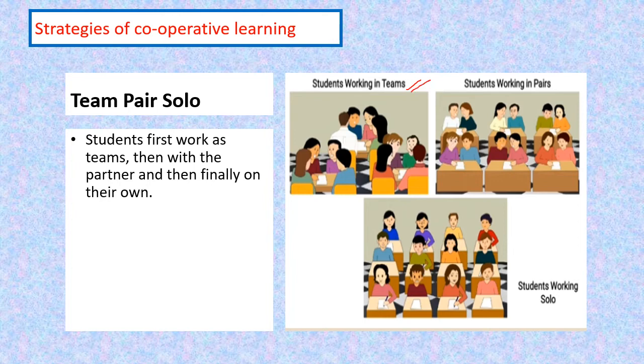This gives them motivation. Then they solve problems with the partner, that is in pairs. This boosts their confidence, and then they become able to solve problems on their own, that is they start working solo.